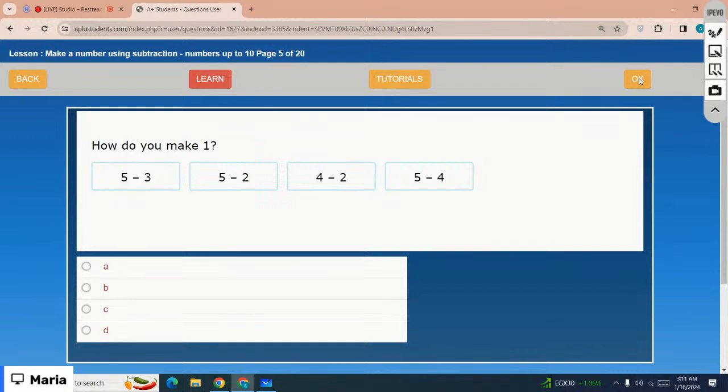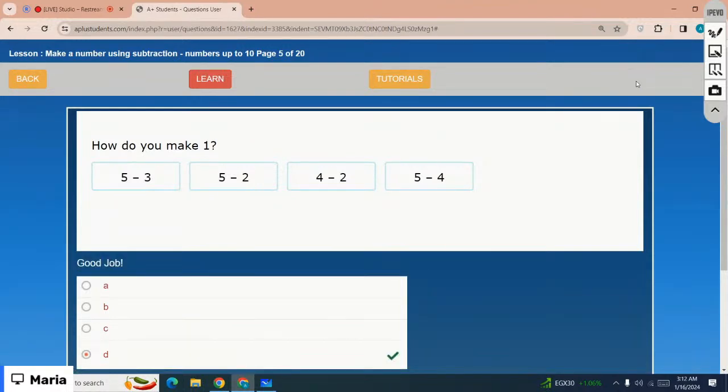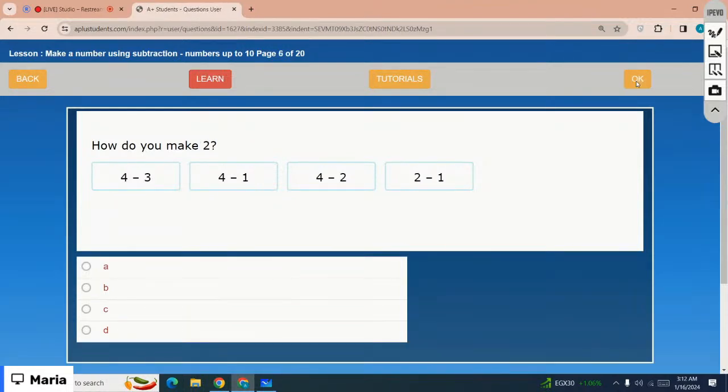How do you make 1? Which is the correct option? The correct option is 5 minus 4. That makes 1. The last option is the correct one. Got it?